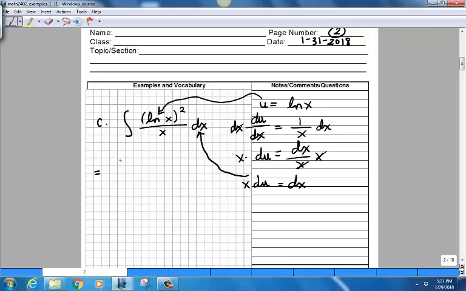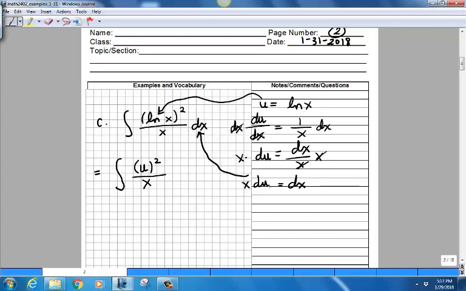So, finally, let's rewrite our original integral problem. So remember, I'm substituting U for natural log of x. So we'll write here U squared instead of natural log of x squared. The x hasn't gone away yet. I haven't been able to replace that yet.